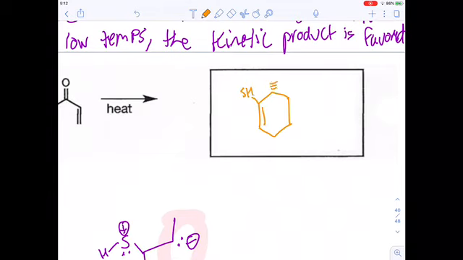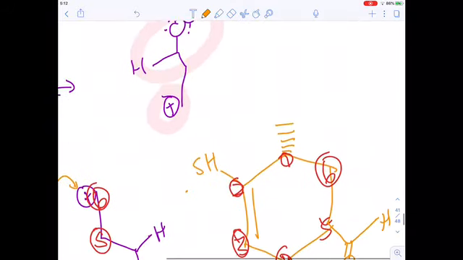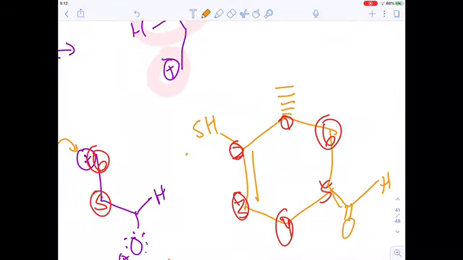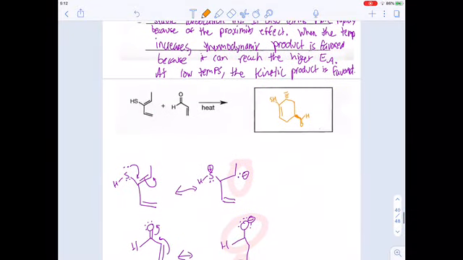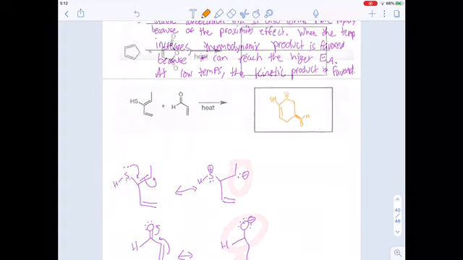Okay, so drawing it neatly, this is the product. Did I not put it on a wedge down here? Oops, I meant to put it on a wedge. But yeah, that's the answer to that one.